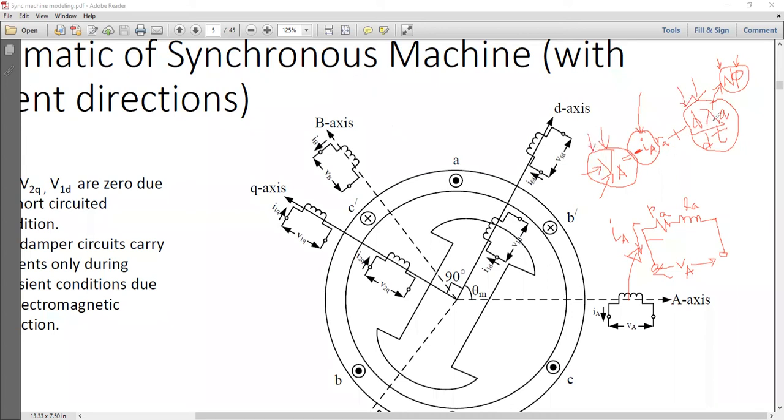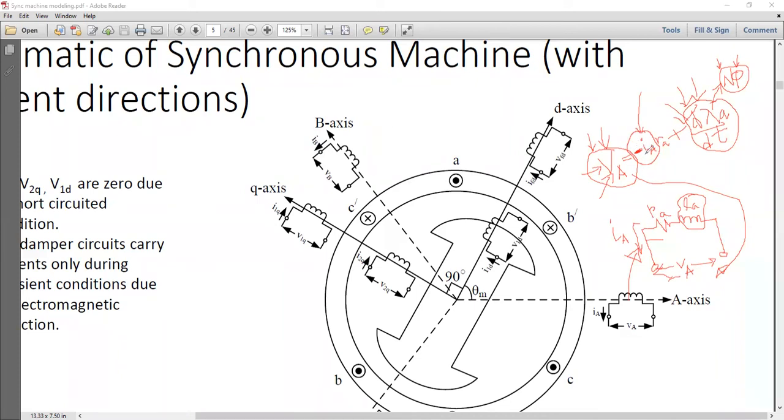So you can also write d lambda A over dt equals VA plus IA RA. Is it okay? Because VA is the output variable for this circuit, it's not the input variable. So VA should be somewhat less than whatever voltage is induced in this coil. Did you understand the direction of IA, and why we are putting a minus?